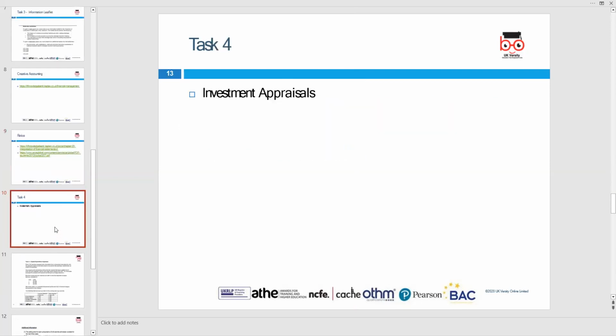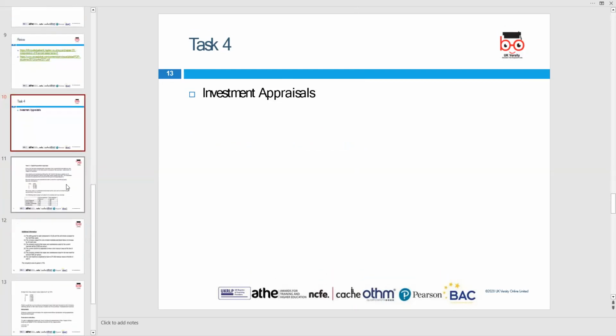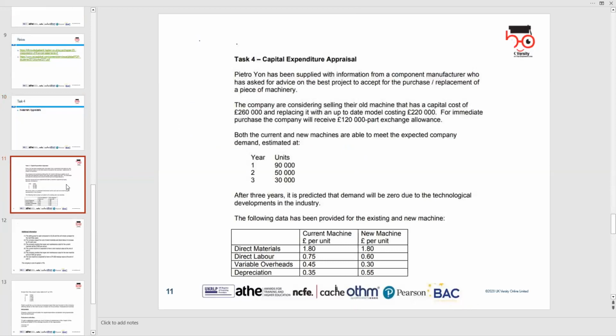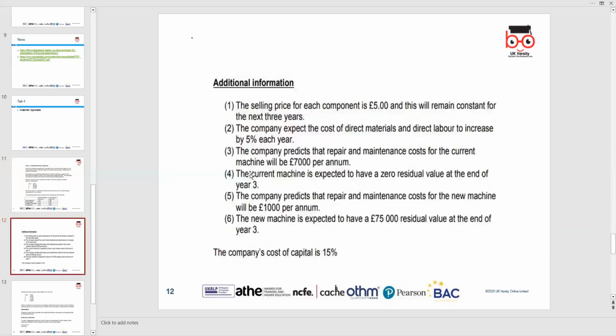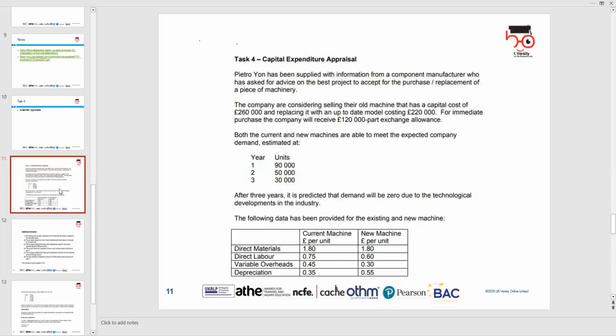Task 4 asks you to look at investment appraisals. Investment appraisals like the payback method, like the IRR method, like discounted cash flow, right? So here you need to tell us what your investment decisions are and how you are going to use this.